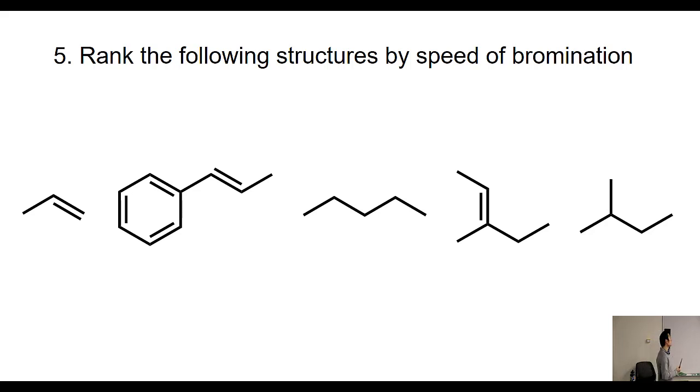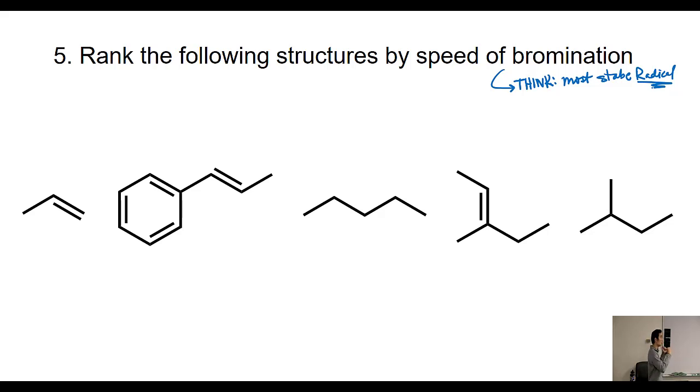So, if I'm thinking through speed of bromination, what am I thinking through? Like it's selective, so you need to think through the position at which it's going to make the bond. Yes. So the main thing I'm going to think about when I talk about speed of bromination, when I'm dealing with these, is the most stable radical.